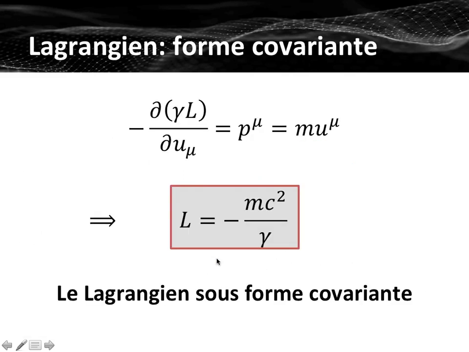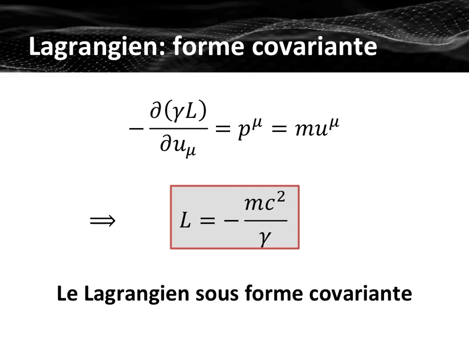Now look at it: then minus the derivative of gamma L with respect to u mu equals m u mu, covariant and contravariant. And it's very easy to demonstrate, just do the cross multiplication, that L equals minus mc squared over gamma. This is the covariant form, the relativistic form, if you want, of the Lagrangian.